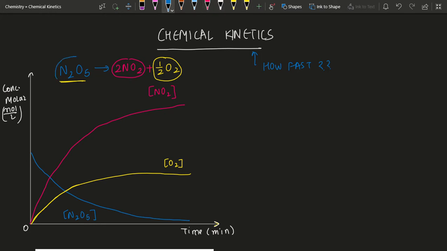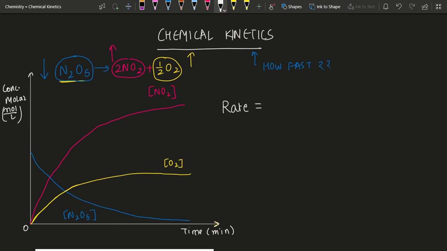But then there is the original reactant, dinitrogen pentoxide, and since it is getting used up in this reaction, its concentration is decreasing. So this is decreasing, this is increasing, and this is increasing. Makes sense.